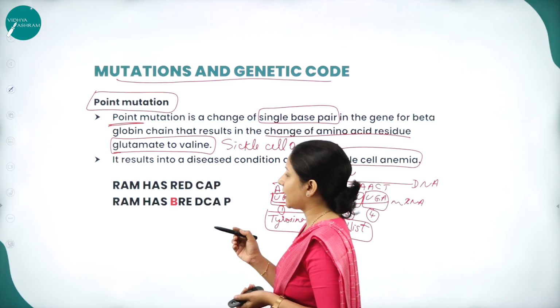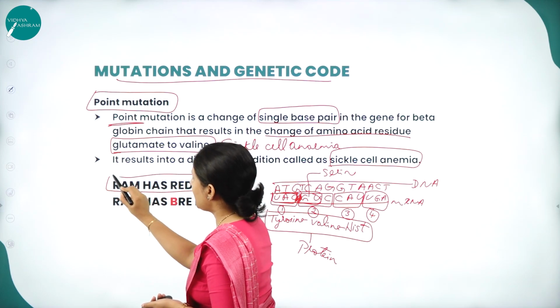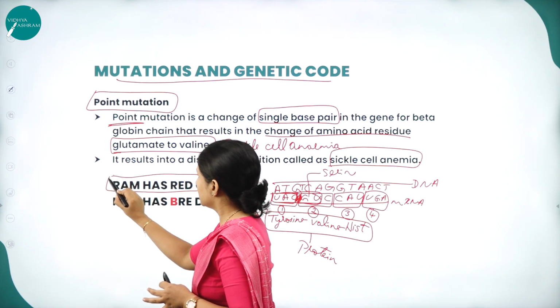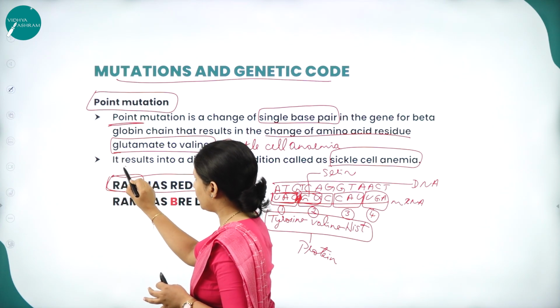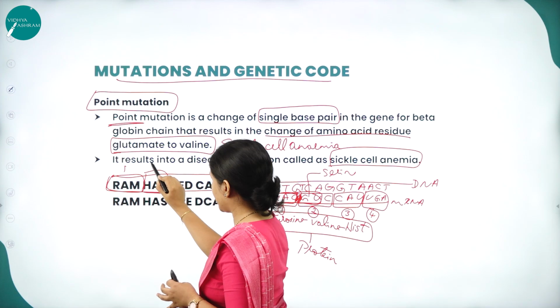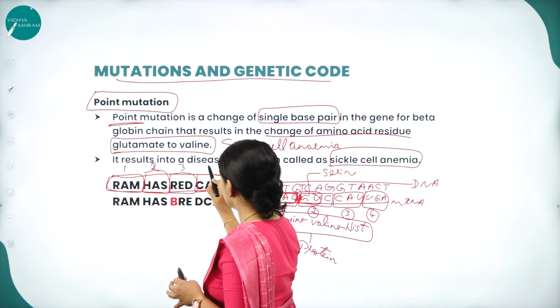See, for example, there is a sentence: Ram has red cap. Say Ram is one genetic code or one gene, has is the second gene, red is the third gene, cap is the fourth gene.